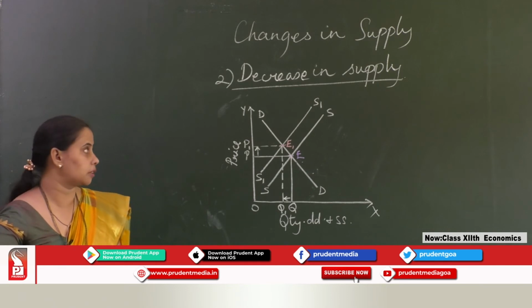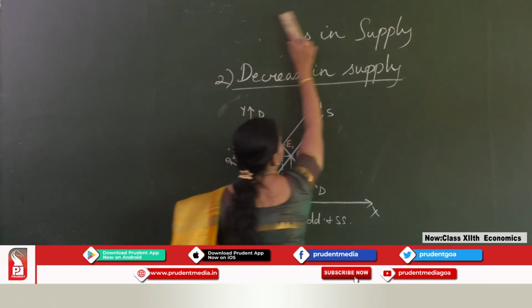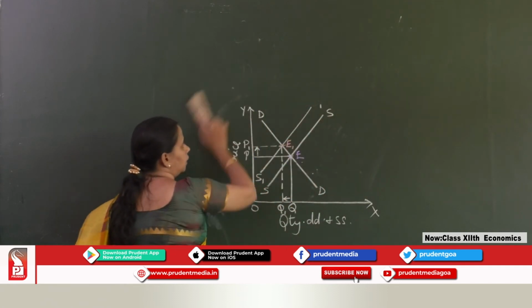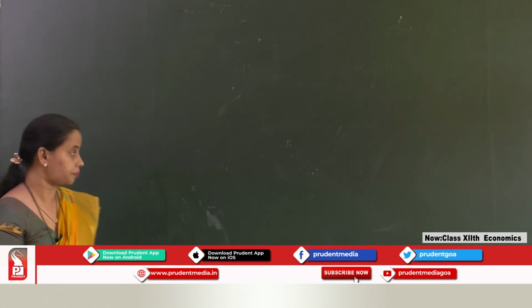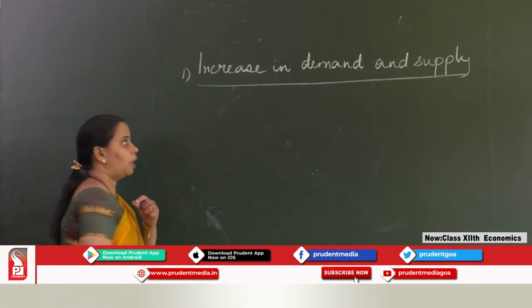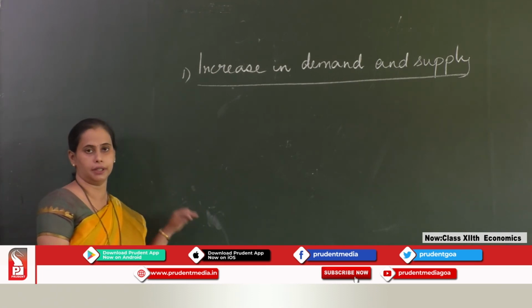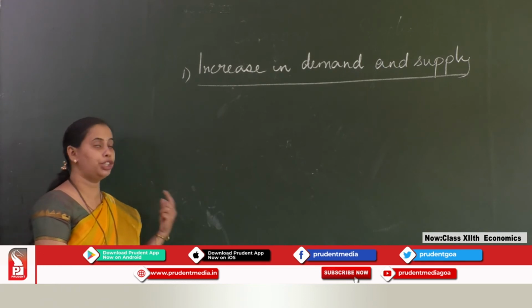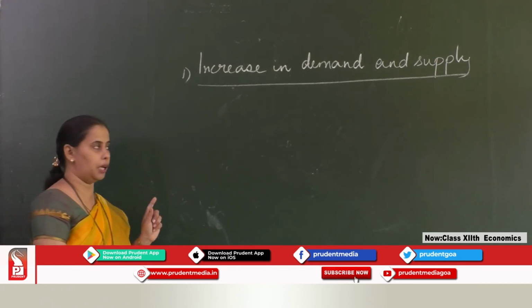Now, in the next 2 cases, we will see where there are changes in both demand as well as supply. Now here the increase is such that there is a proportionate increase. That means the proportionate change in the demand is same as the proportionate change in the supply.